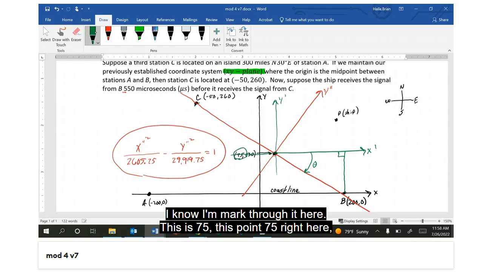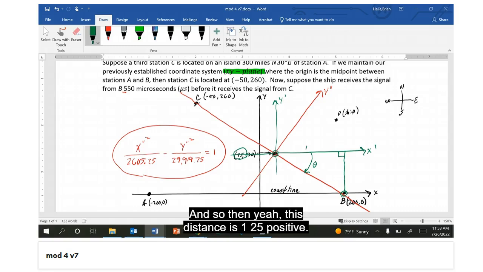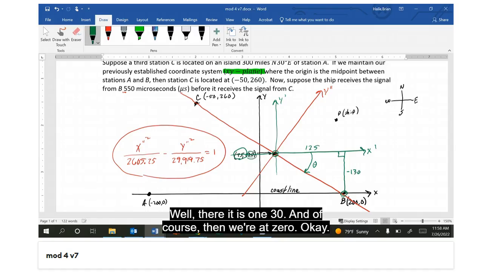We know that this point is 75, referencing the XY plane, and this is 200. So this distance is 125 positive. And this distance here, and things are kind of out of scale, this would be minus 130, and of course then we're at 0.